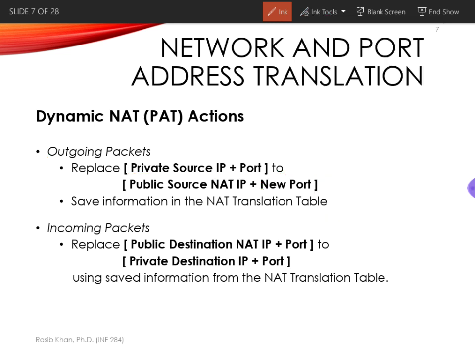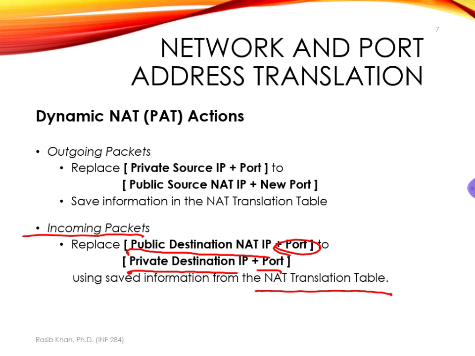Eventually, at a later time, for the incoming packets, the NAT server will replace the public destination NAT IP, which is on the internet side, and the port that the packet is targeted for. It will replace these two with the destination IP and port of the private side, using whatever record it had previously stored in the NAT translation table.